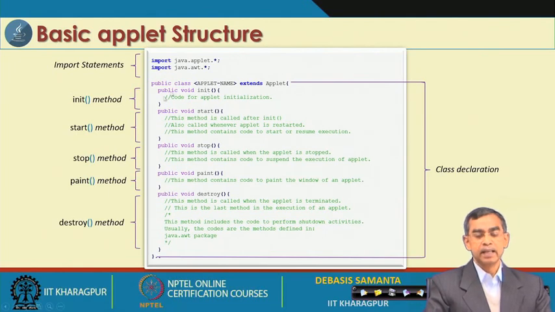So, if you want to write an applet program, you implement the init method, start method, stop method, paint method and destroy method.